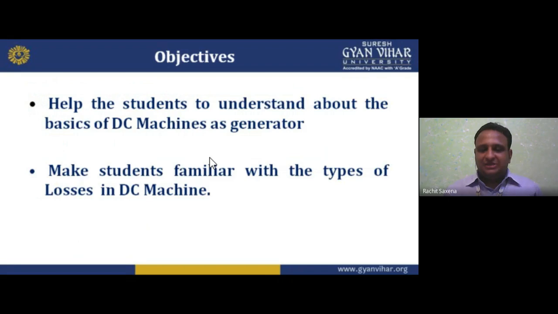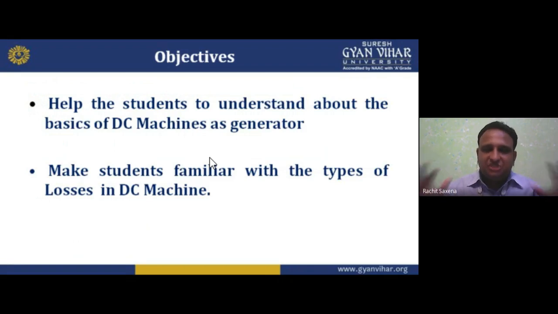So first are the basics, then make students familiar with the types of losses. How many types of losses we have in DC machines while a motor or generator works. Because if there were no losses, the efficiency would be 100%. But my dear students, no one has 100% efficiency.